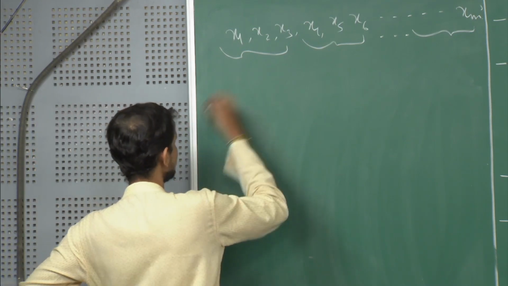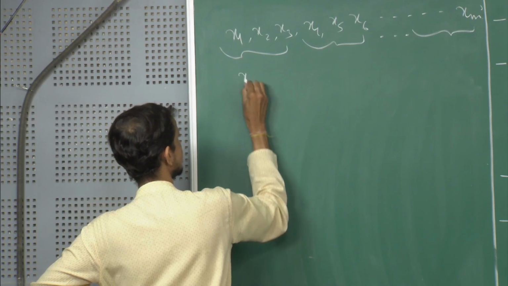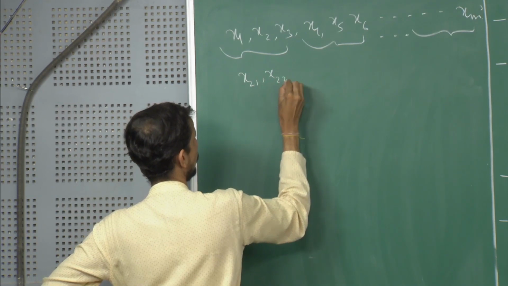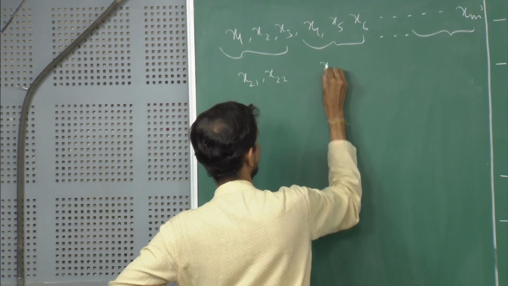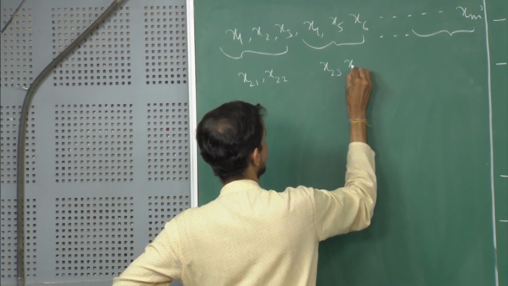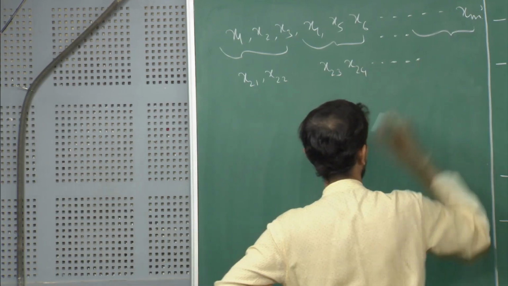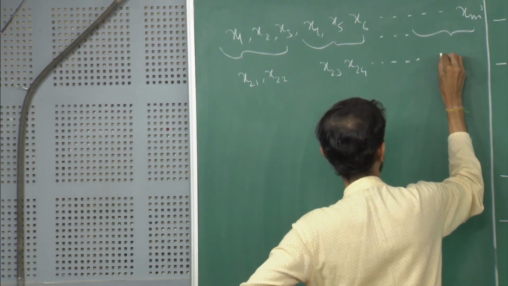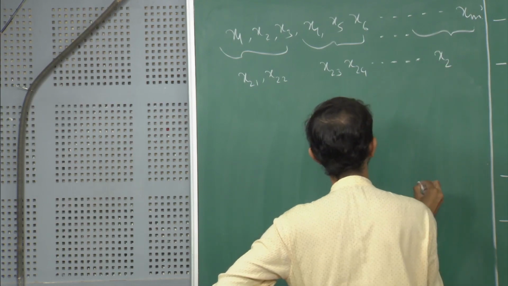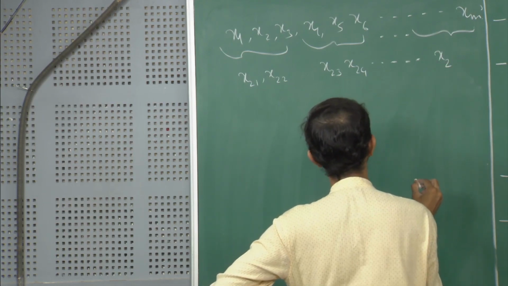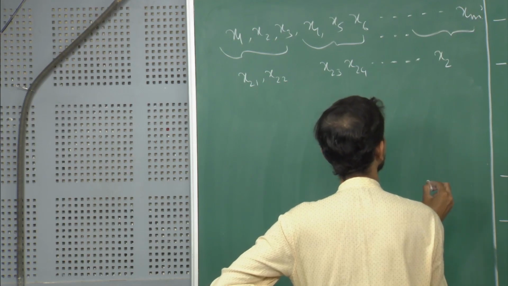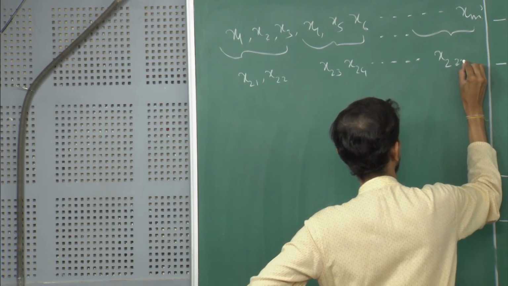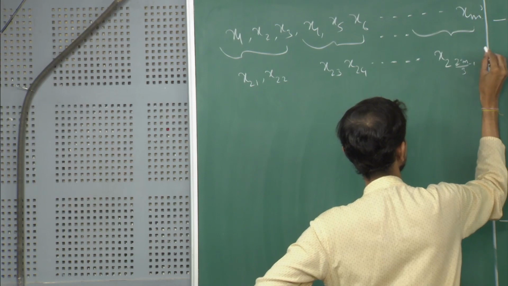So in the second level we reduce this to something like x21 and x22, then x23, x24, and the last one was x2, 2m by 3 minus 1.